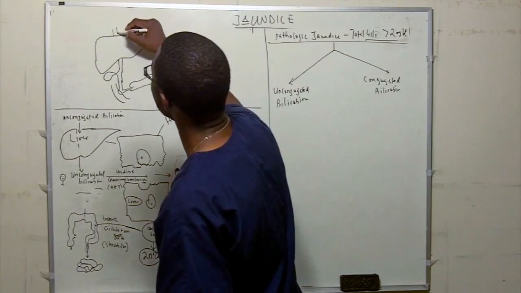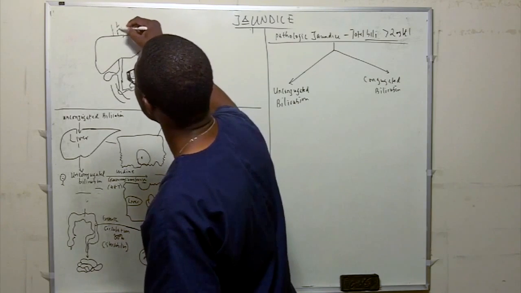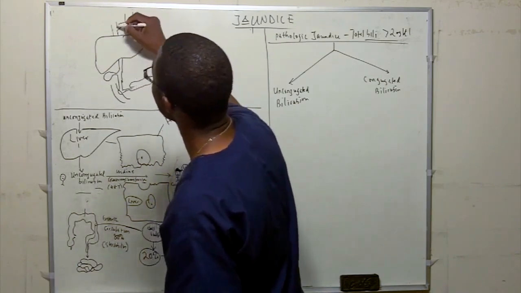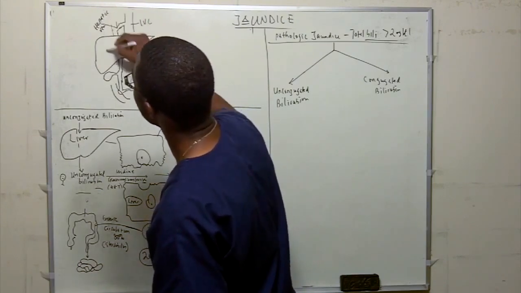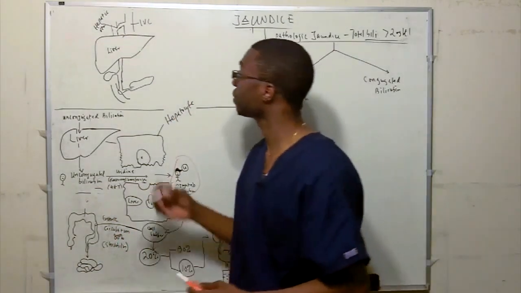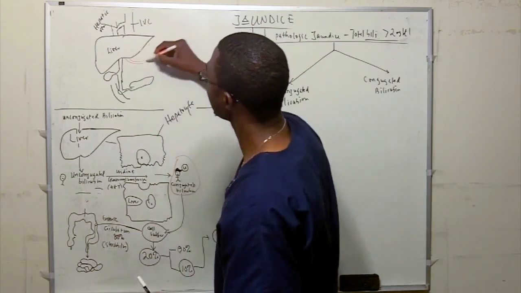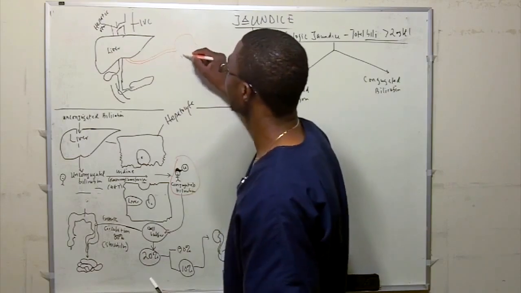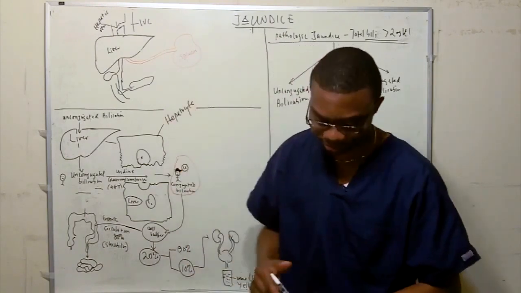And I always like to draw the hepatic vein here, which is going to go into the inferior vena cava. This is the hepatic vein, and this is the liver. This will give us a very good understanding. There's also a whole slew of arteries that connect from your spleen to the liver. It's very complicated, so I'm not even going to go through that.